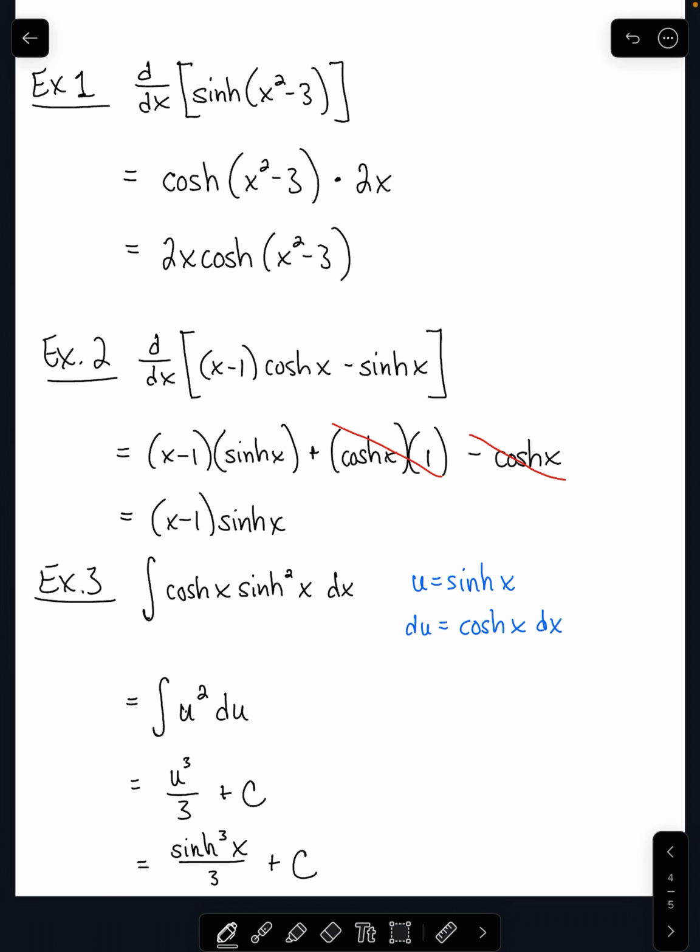Now, unfortunately, it doesn't stop there. Because not only do we have the hyperbolic functions, we also have their inverses. Now, a lot of these are actually going to look similar to the derivatives and antiderivatives of the inverse trigonometric functions, interestingly enough.